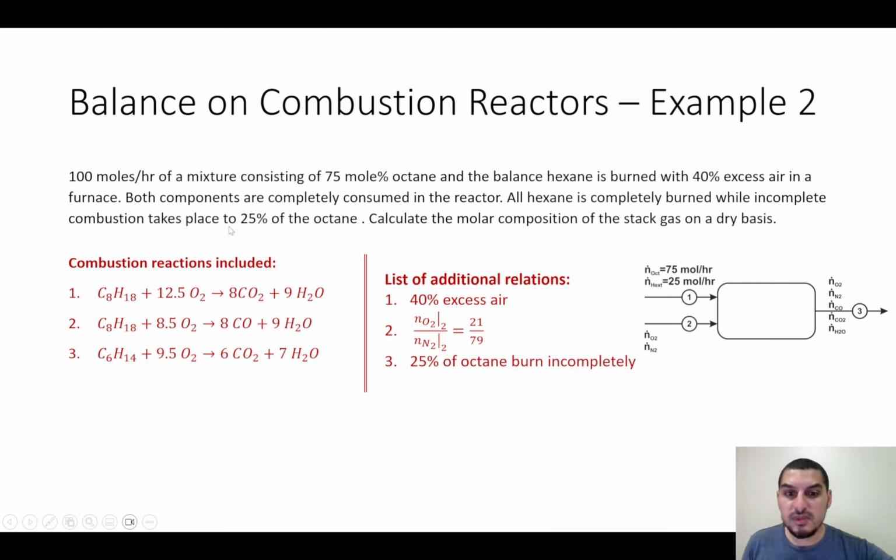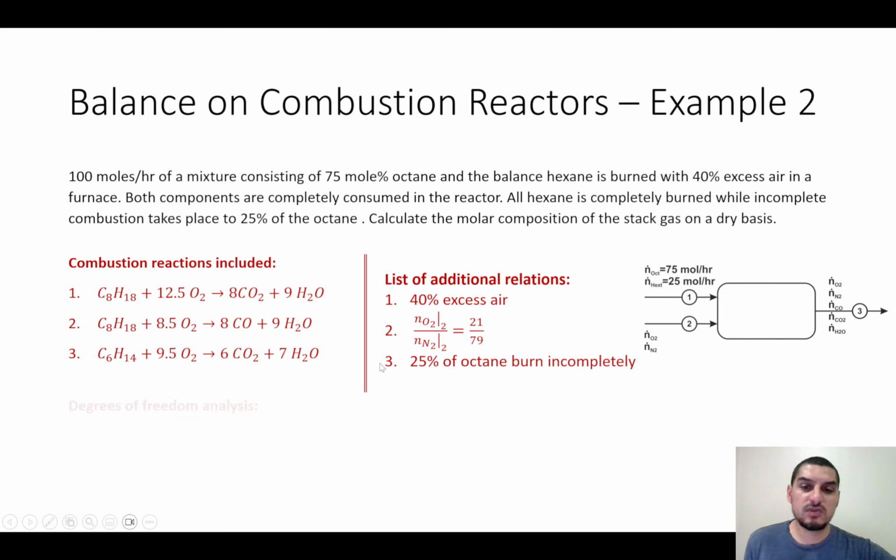And now we have 25% of octane burned incompletely. I'm going to put this as it is here, and then we are going to see how to deal with it when we write the equations. But we understand that this is an additional relation. So if we have all the additional relations, we are not missing anything.